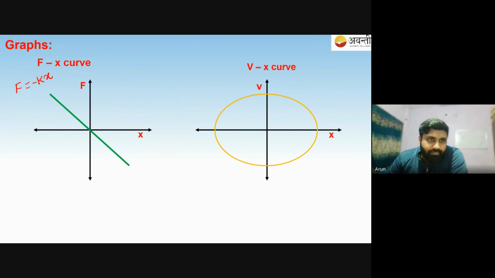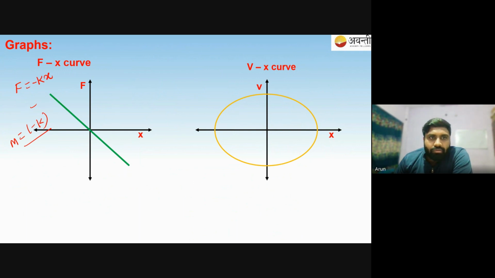So this is simply the form of y equals mx. m here is the slope of this line, which is minus k. Minus means negative, so this line has a negative slope. And this will be a straight line. So this is the variation of force.